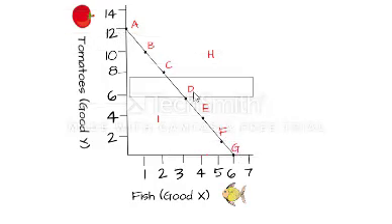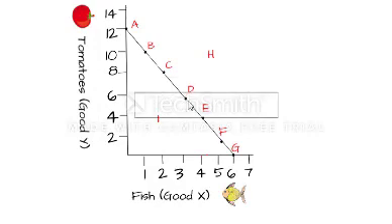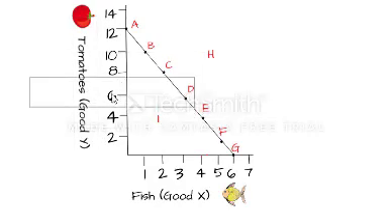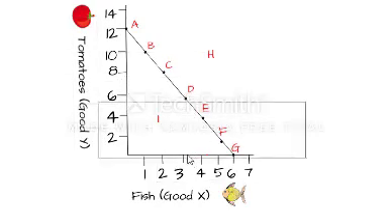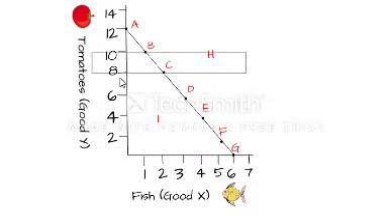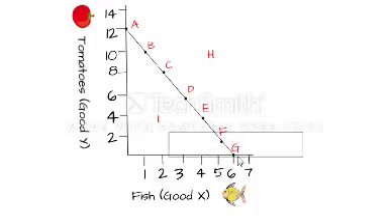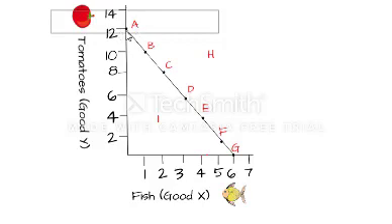Now all these points in between show the combination of good X and good Y to create a balance of goods. So you could have 6 tomatoes and 3 fish, or you could have 1 fish and 10 tomatoes. Again, 5 fish, 2 tomatoes, or 6 fish, 0 tomatoes, or 12 tomatoes, 0 fish.